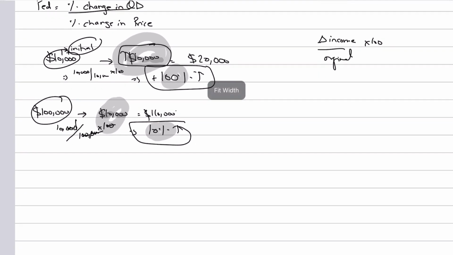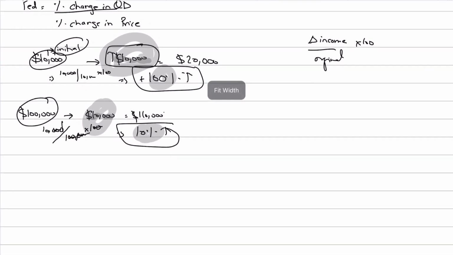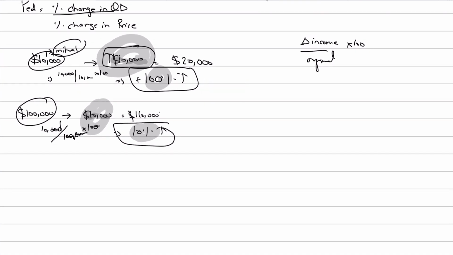So what we conclude from this arithmetic calculation is that there's an arithmetic rule which says that when our numbers or variables are at lower levels, initial numbers at lower levels relative to the change, the percentage change would always be large.